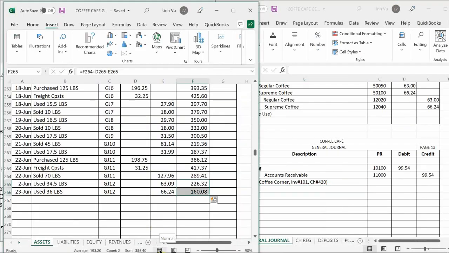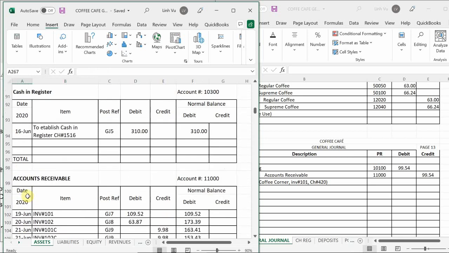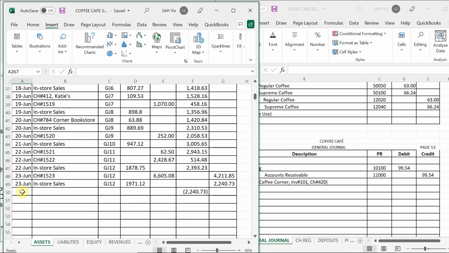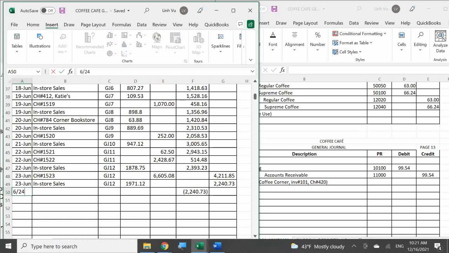So now we need to update our ledger accounts. So we have assets. Go to your checking account, for $99.54.